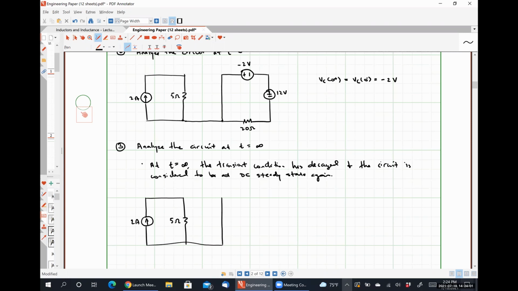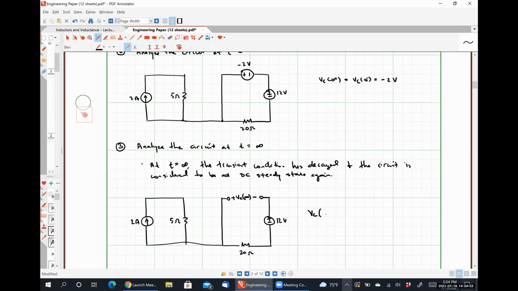Here's our switch that's closed at terminal B. Here's our 20 ohm resistor. Here's our 12 volt source. But since we're at DC steady state, our capacitor now looks like an open circuit again. So we'll have VC at infinity here that we're trying to solve for.